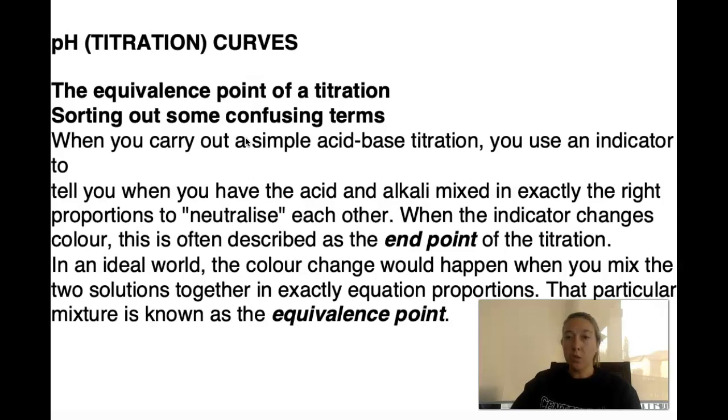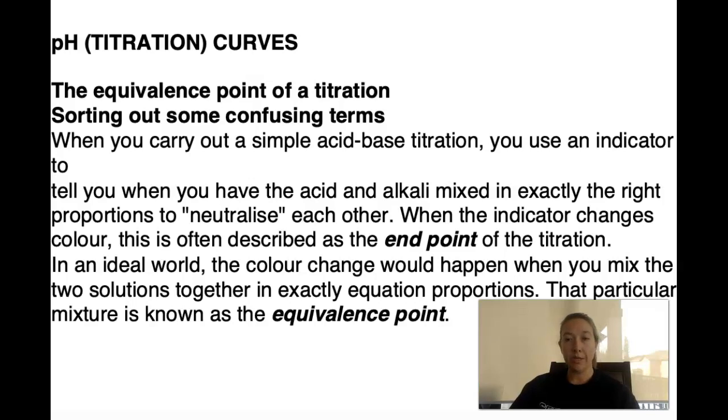Okay, so yesterday we talked about endpoint versus equivalence point. Those are still some important terms you want to make sure you're familiar with. But what you're going to find is generally when we are doing pH curves, I don't want to say we don't use an indicator, but we don't use an indicator to tell us when to end the titration.